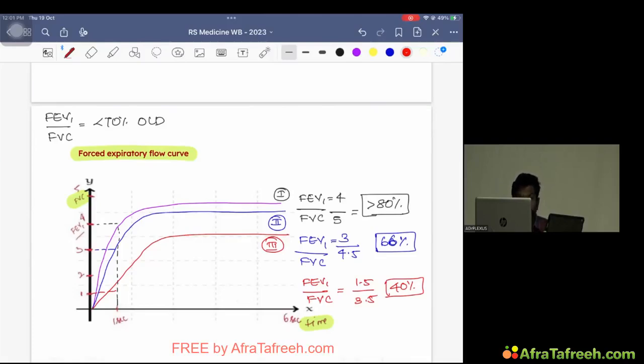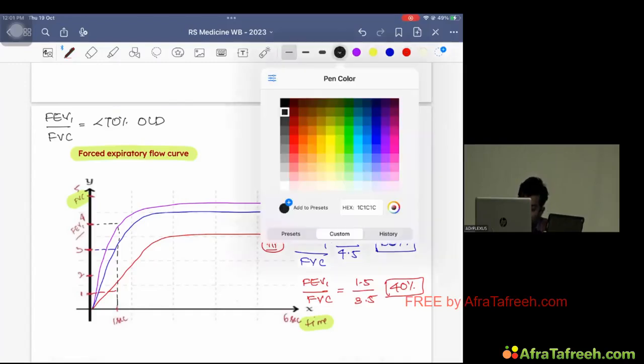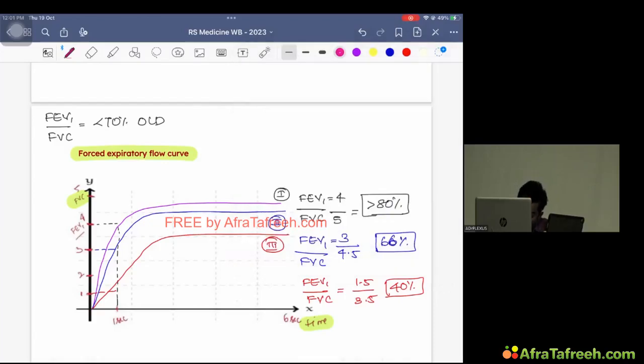Now you have 3 patients like this, and you have a fourth patient, who is going to have a graph like this. This is the fourth graph.